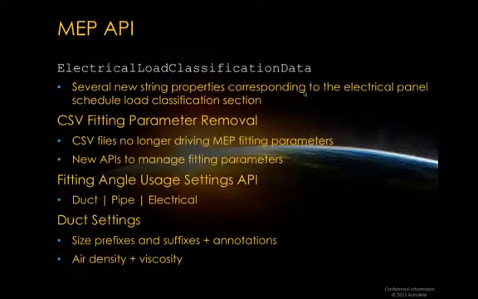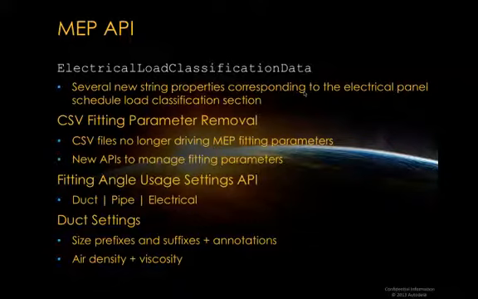In the MEP API, the electrical load classification data class has been modified and extended. It now provides several new string properties corresponding to the electrical panel schedule load classification data. The fitting parameters that were previously defined in separate CSV files are no longer used.